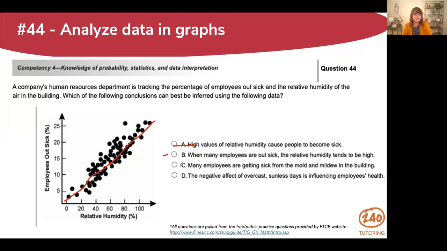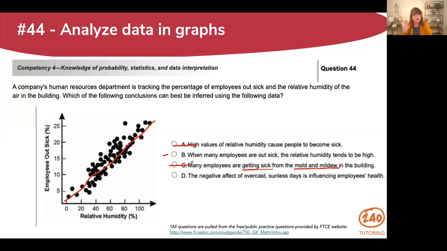C, many employees are getting sick from mold and mildew in the building. We're drawing a causation here. We're trying to imply cause, that the humidity is causing mold and mildew, and that's causing people to get sick. So nope. D, the negative effect of overcast, sunless days is influencing employees' health.